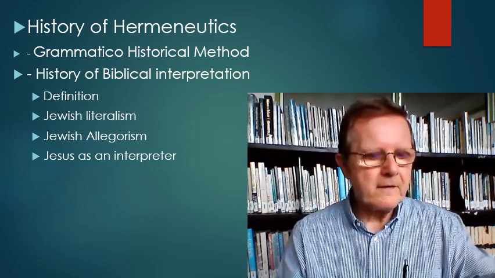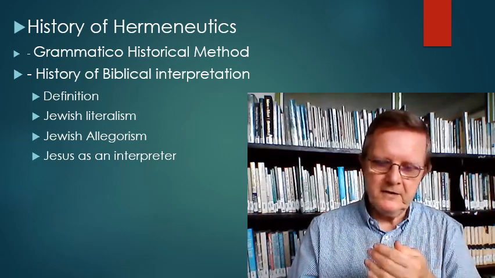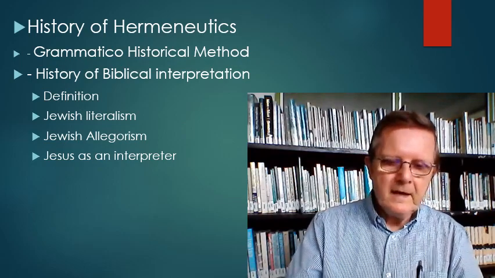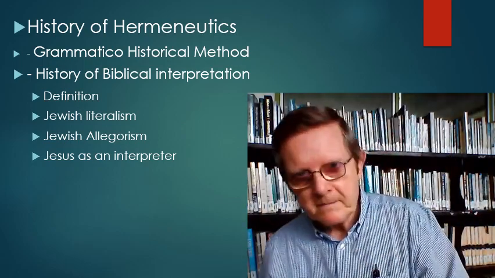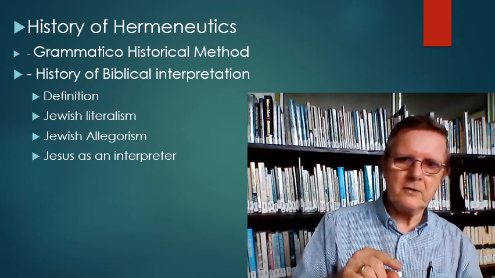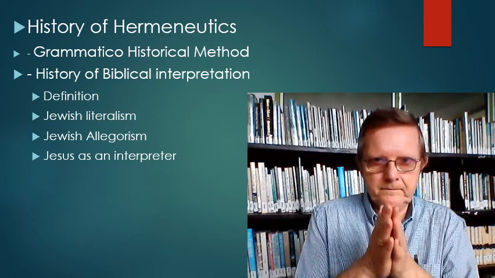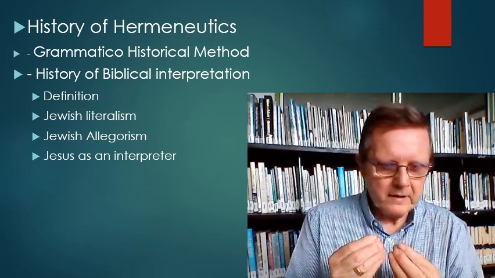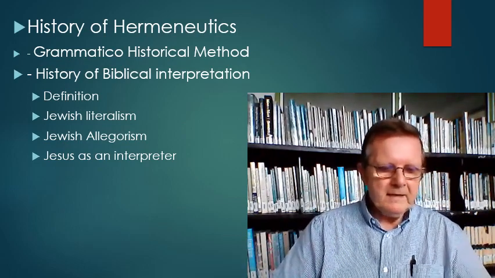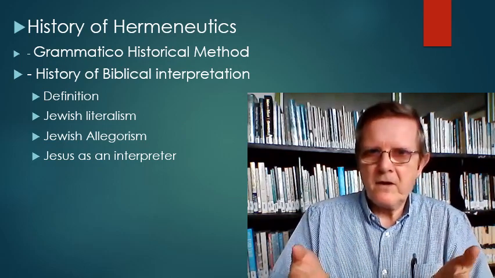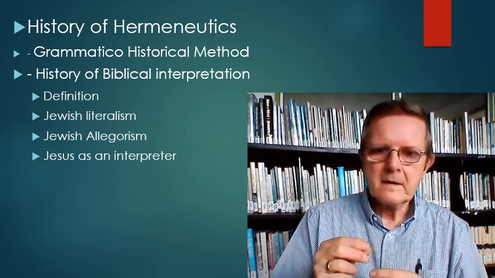Okay, so you have first, remember the scribes we were talking about? The scribes with Ezra, and then you had the Jewish literalism, and then as a reaction to Jewish literalism, you have what is called the Jewish allegorism. And we will come back to allegorism because it happens in the early church also. An allegory is a story in which people and things and happenings have another meaning than the context of the story, or the fable or the parable.